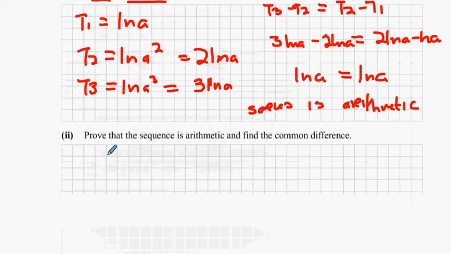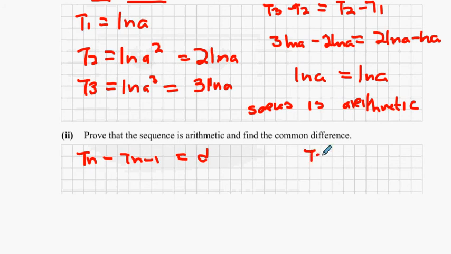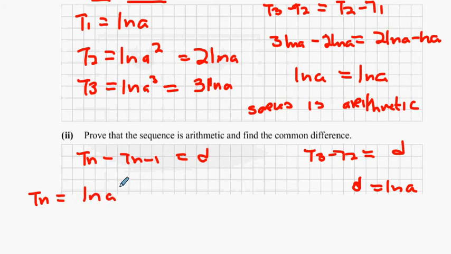So we have to do Tn minus Tn minus 1, which will equal D. In the same way, T3 minus T2 equals D. D is ln A, which is awesome. So Tn equals ln A to the power of n.